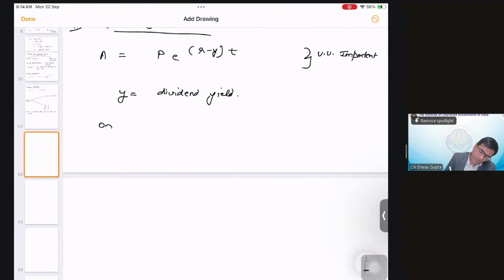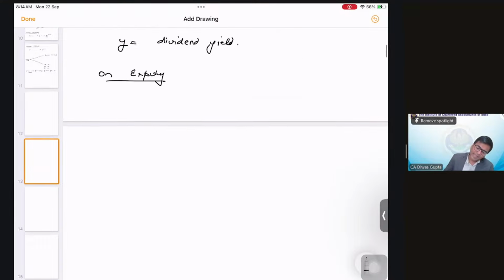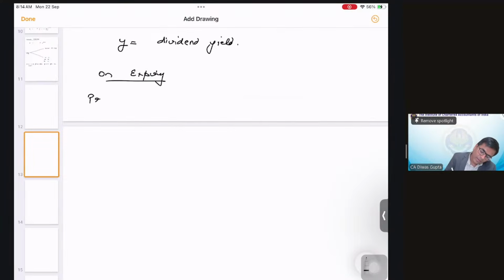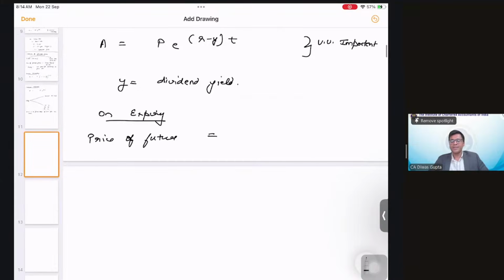Now what happens on expiry? On expiry, can anyone tell me the price of future will be equal to what? Come on, students. On expiry, the price of the future will directly be equal to what?